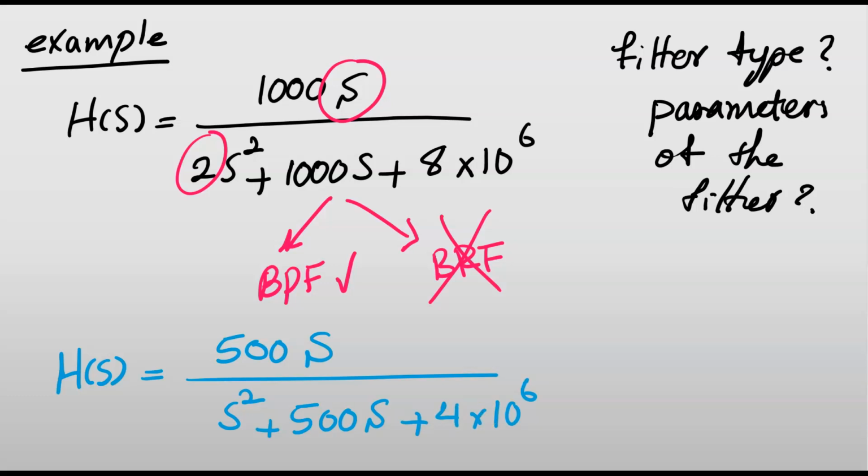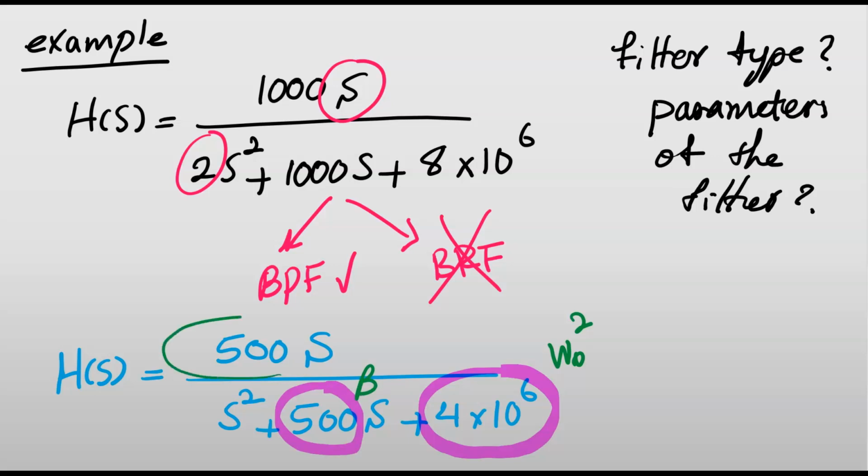Now, because I have everything in the standard form, I can say the constant in the denominator represents my omega naught squared, the coefficient of s in the denominator represents beta, and the coefficient I have in the numerator for s is k beta. So let me write the values that I have.